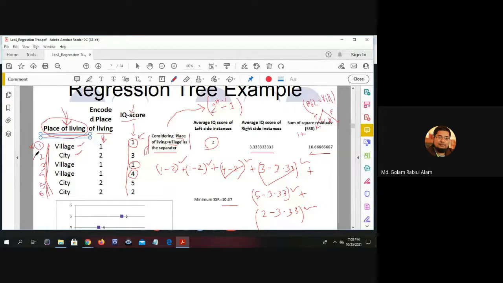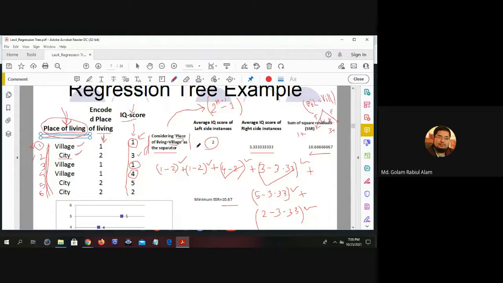The second observation, the place of living is city. That means the condition is false here. If the condition is false, then we have to place the IQ score on the right side. That means the 3 goes on the right side.